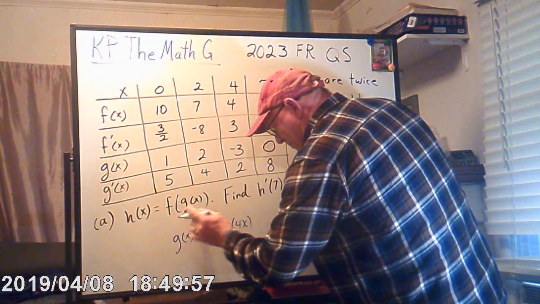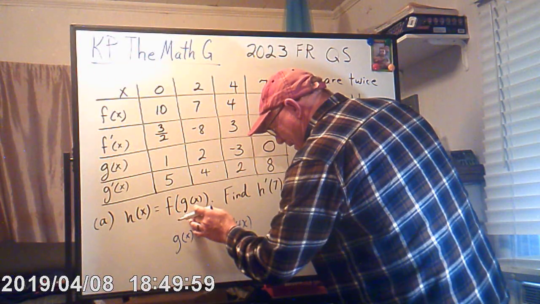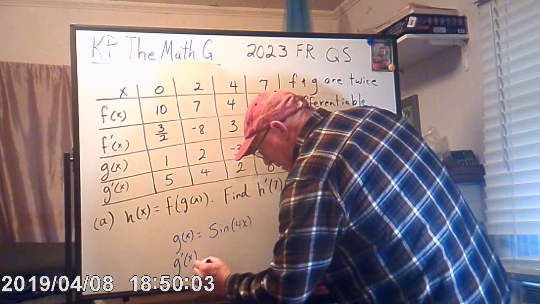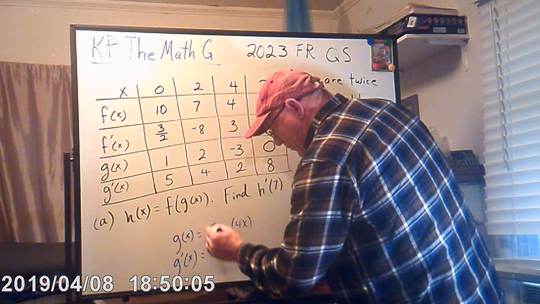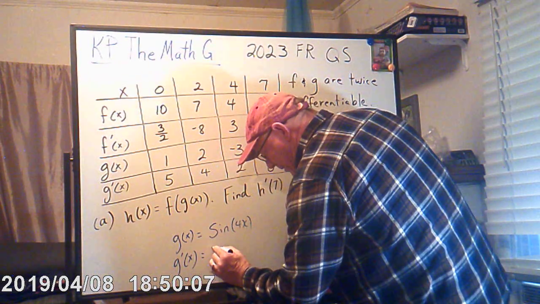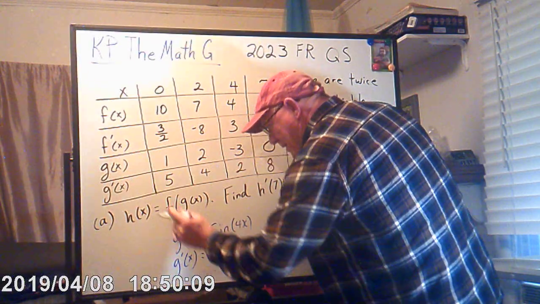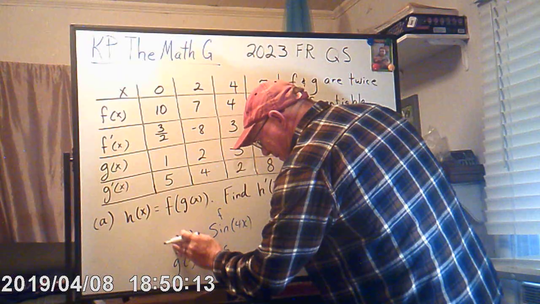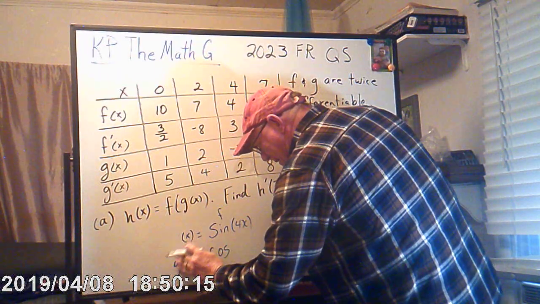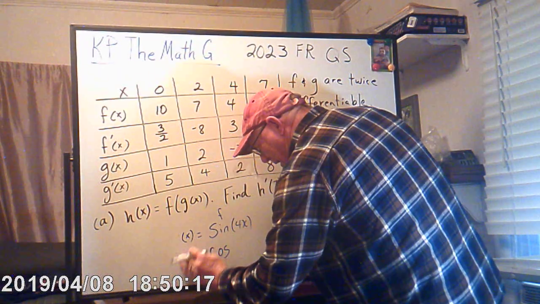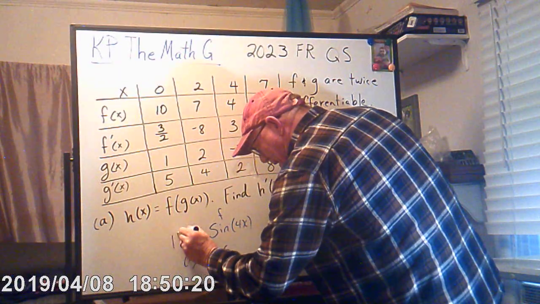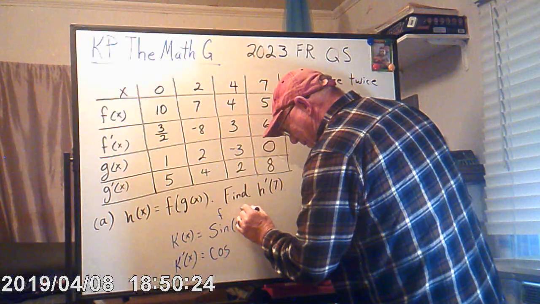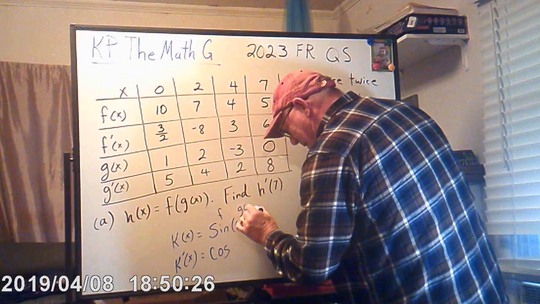That is the same thing as f at g at x. If you want to find the derivative, remember that you're looking for the derivative of sine first. So you take care of this part. So this is f, well, let me make this k at x maybe. I should have changed that. So let's make this k. There we go. So this is f at g at x, see?